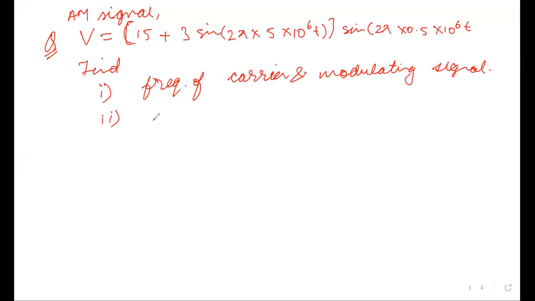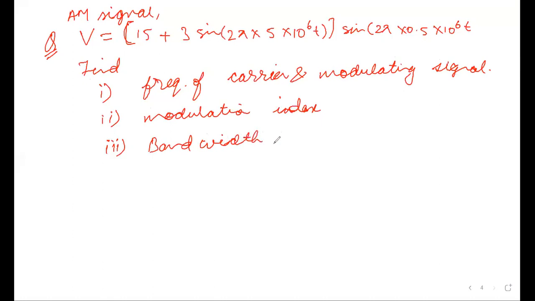Second part, we have to find the modulation index, and third, you have to find the bandwidth. So I'm giving you 2 minutes for the calculation. Tell me the answer.